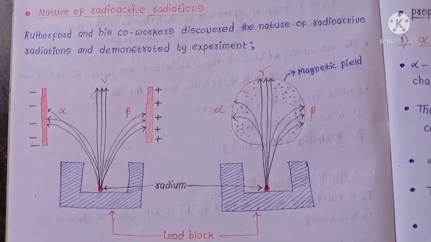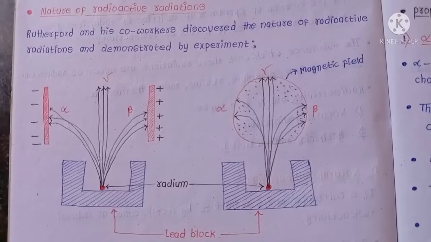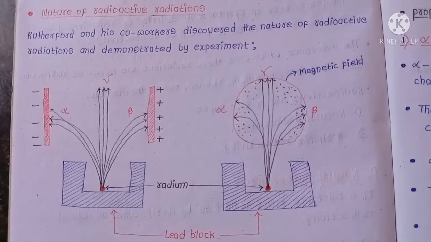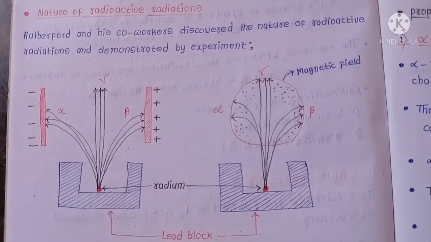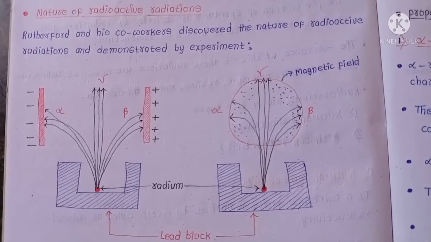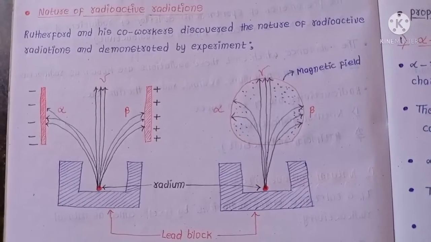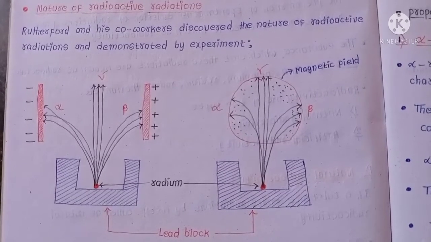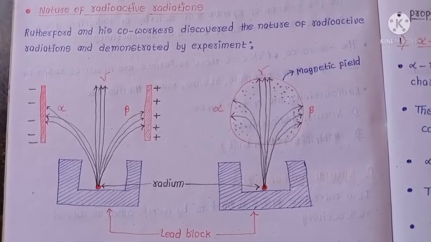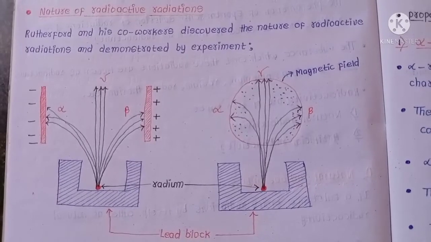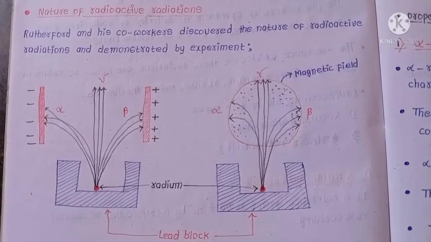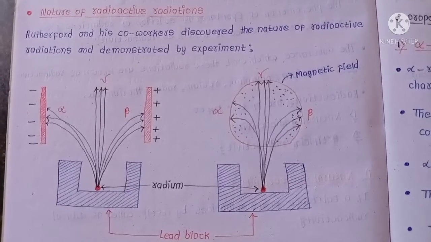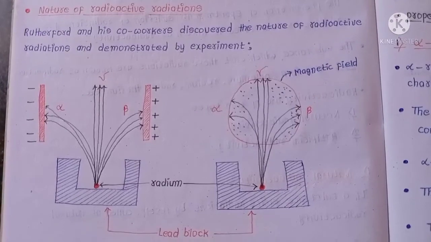The third, the radiation which remains undeflected, we call gamma radiation, and it is neutral in nature. A similar observation is made when the radioactive substance is placed inside a magnetic field. So this is about the nature of radioactive radiations. In the next video we will discuss the properties of alpha, beta and gamma particles and radiations, and their comparison.